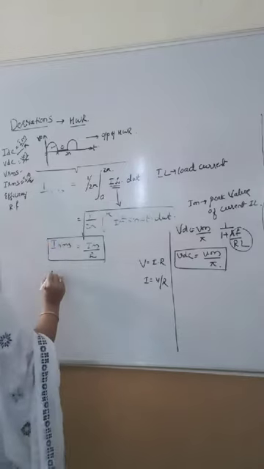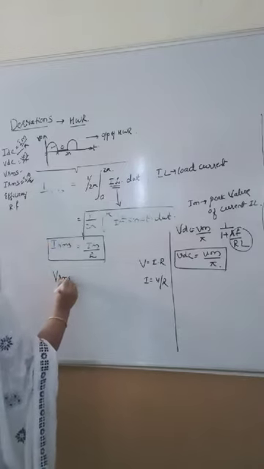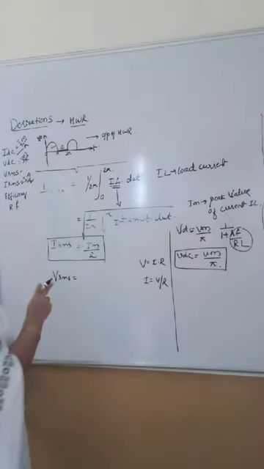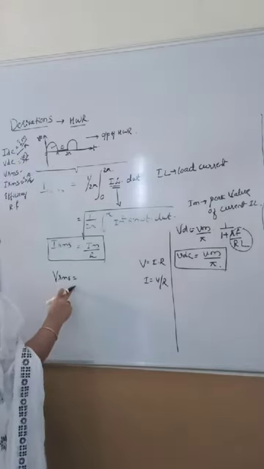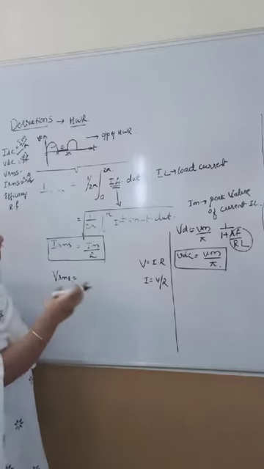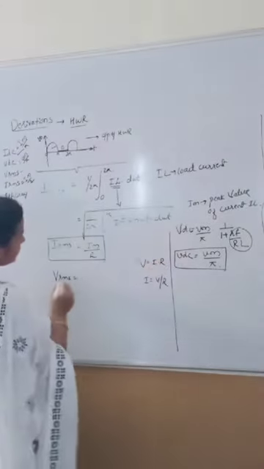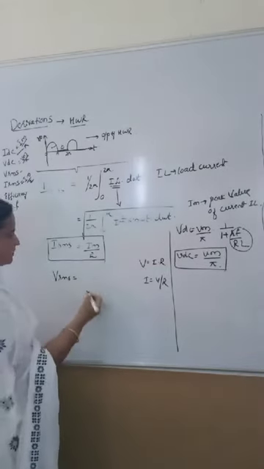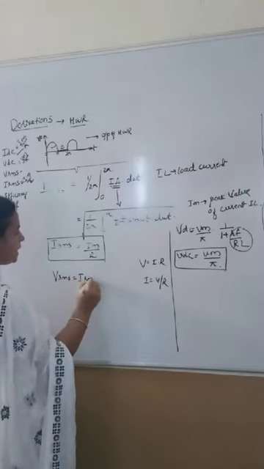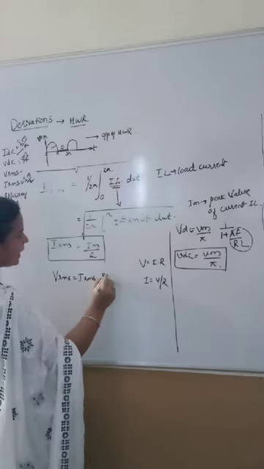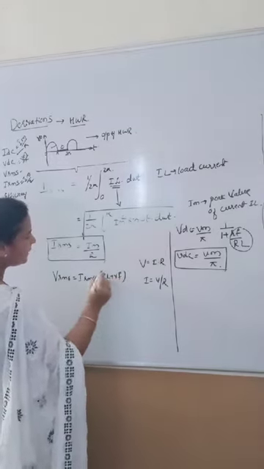Now we will go for Vrms. We will continue in the same way as we did for VDC. Vrms will be written as V is equal to I into R. See here, VDC we had written in terms of I into R. In a similar way, Vrms will be written as Irms into RL plus RF, again the internal resistance.